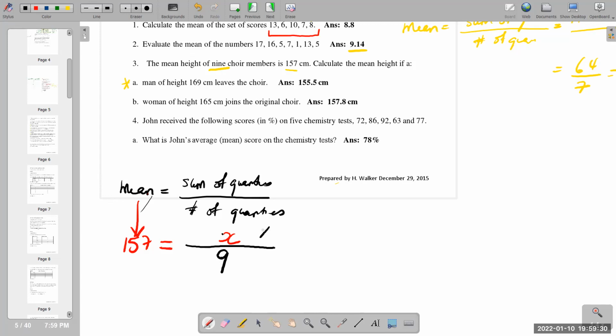So if I multiply by 9, keeping in mind you always do the opposite, whatever you do to one side, you have to do to the next side. So what's going to happen over here? We're going to cancel 9 successfully. And so what's going to happen on the next side? What's the answer? 157 times 9 is what?